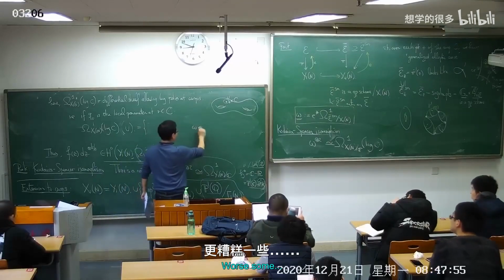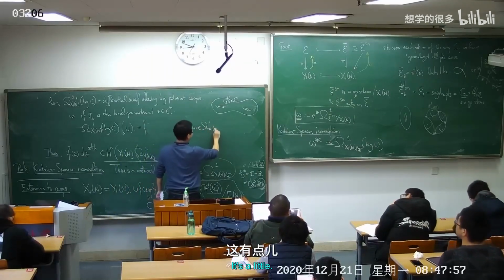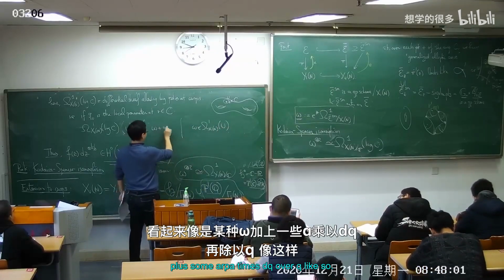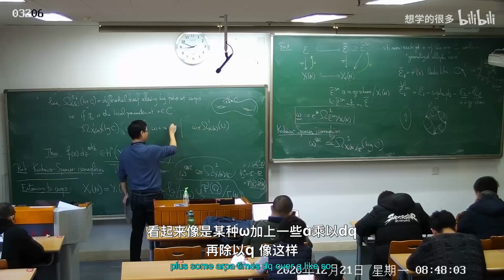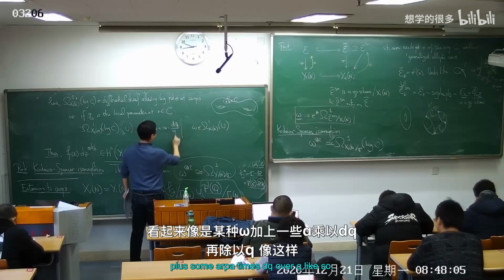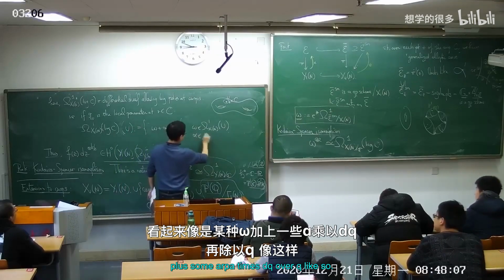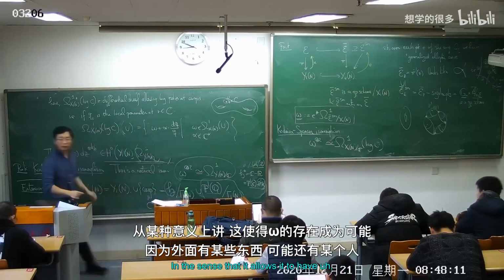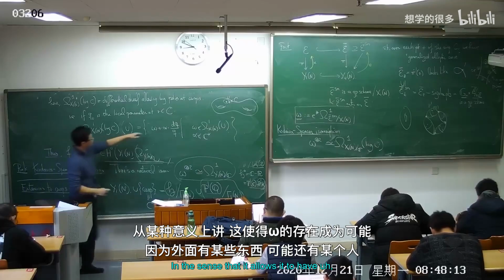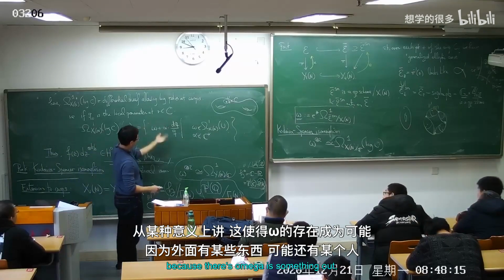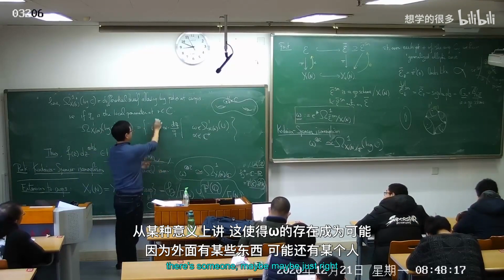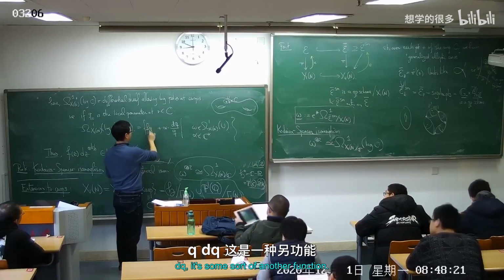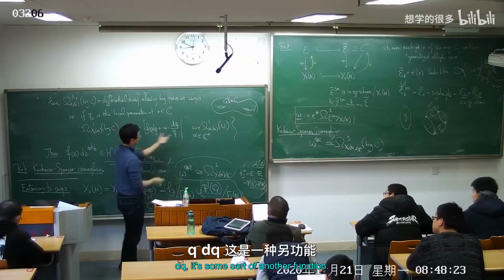It looks like some sort of omega plus some alpha times dq over q, in the sense that it allows it to have, because this omega is something else, maybe we could just write f(q) dq. Okay, it's some sort of another function.